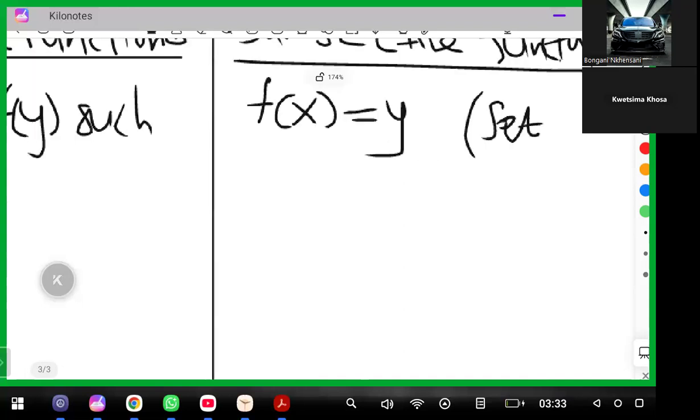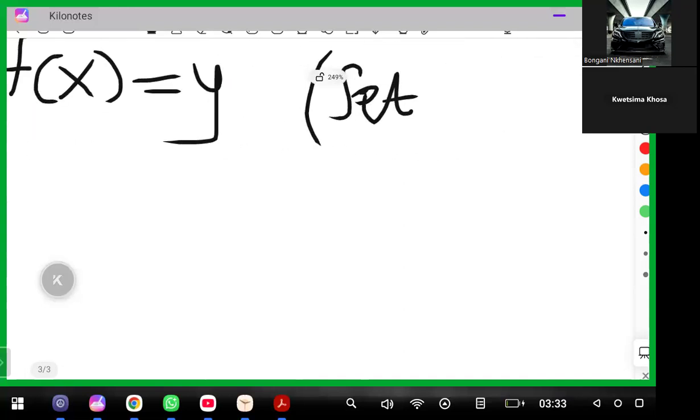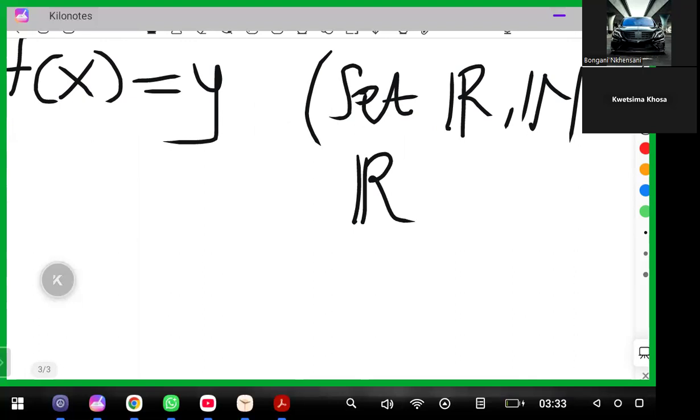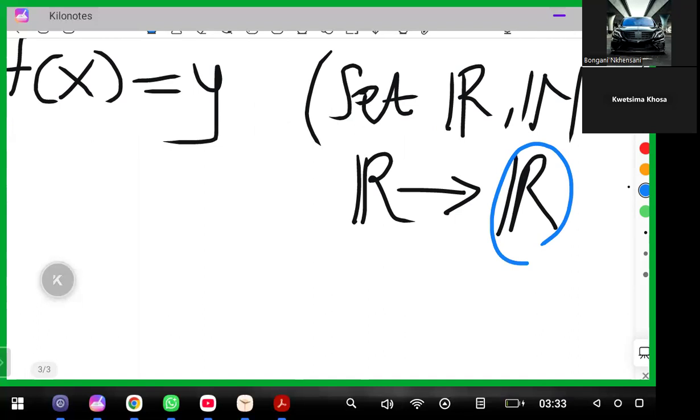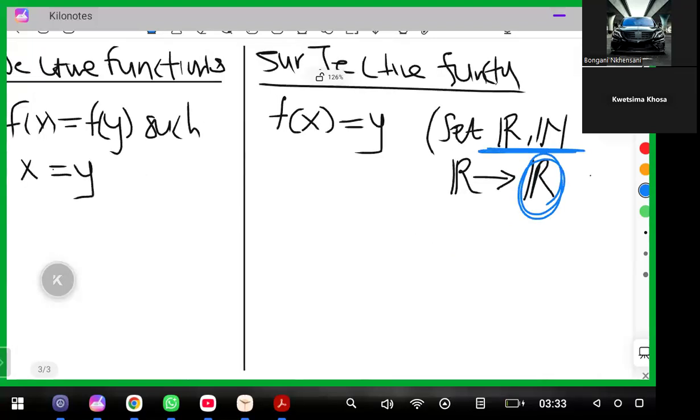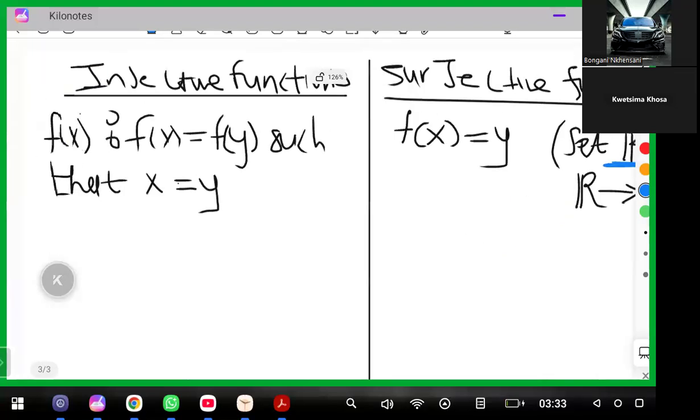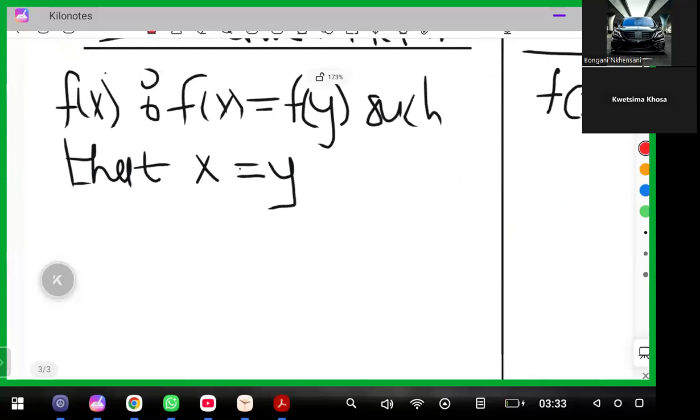I'm referring to real numbers, natural numbers, because they're going to give you something like the domain maps to the codomain. So if the answer is in the codomain, it means the function will be surjective. We'll do it after the one for injective. So let's do some examples now.